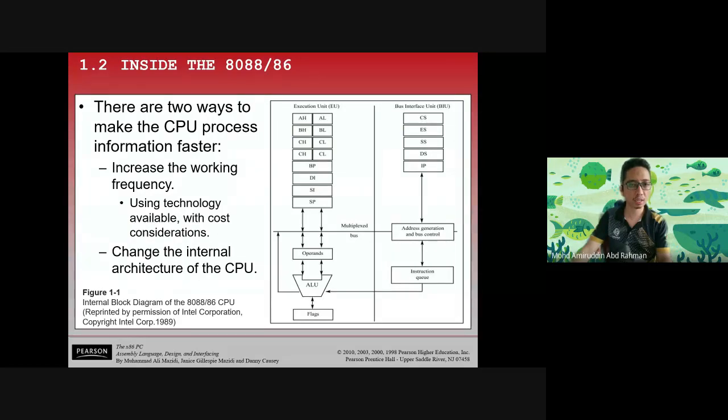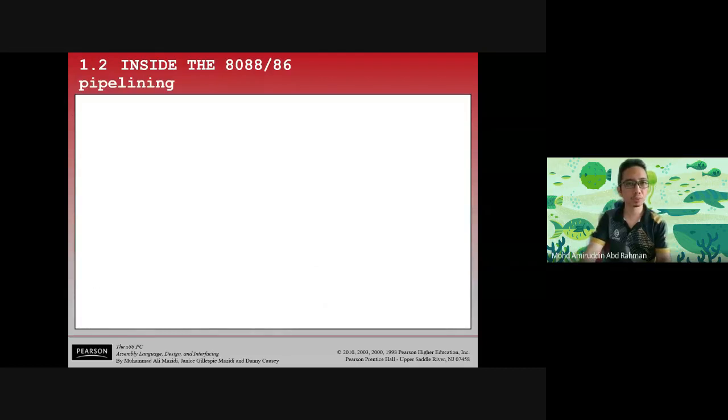You can see the ALU over here, and then the bus interface unit over there. So by changing the internal architecture, we can also increase the processor computing speed. Okay, so this is an example for the 8086 CPU.